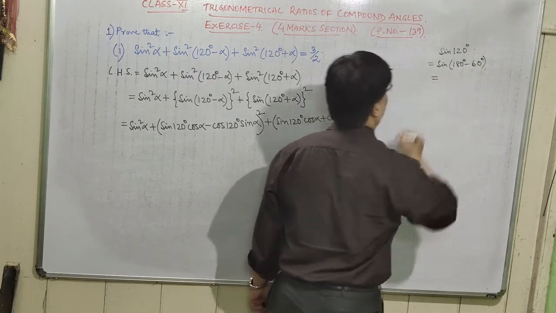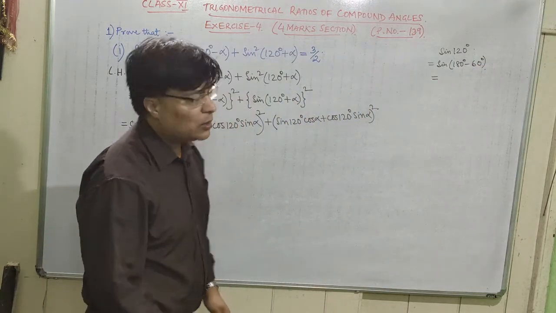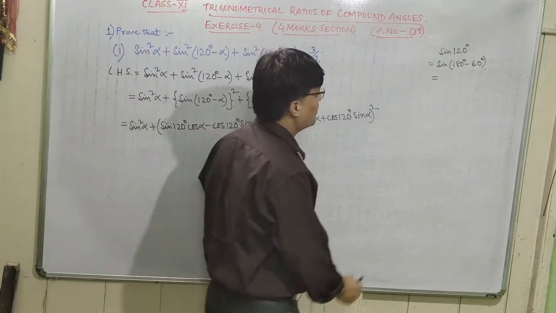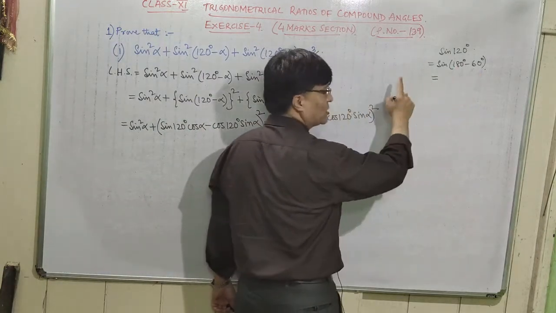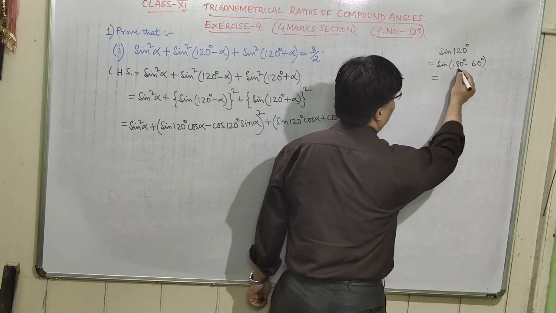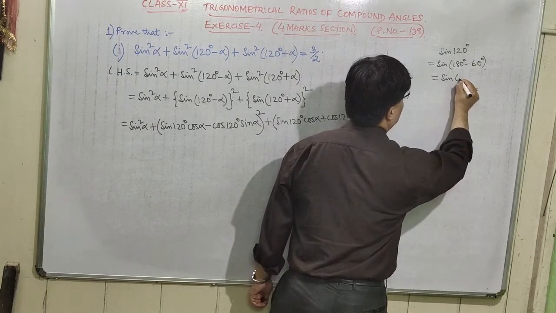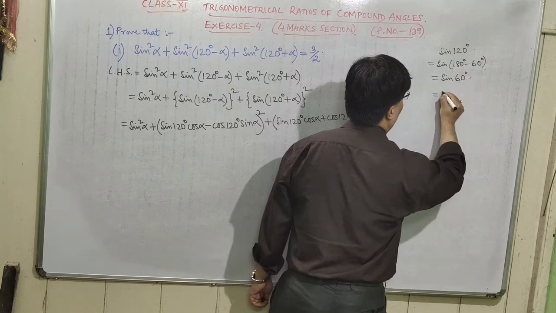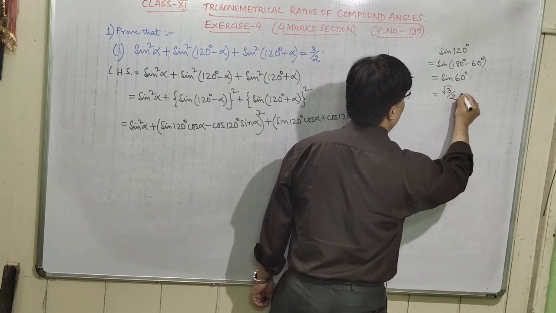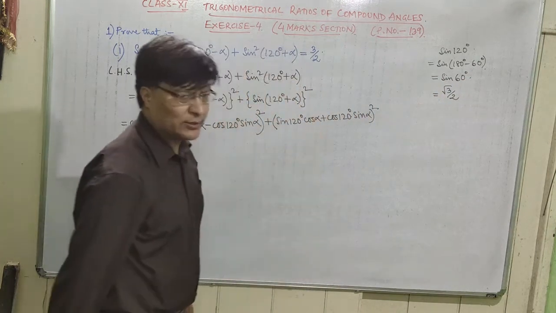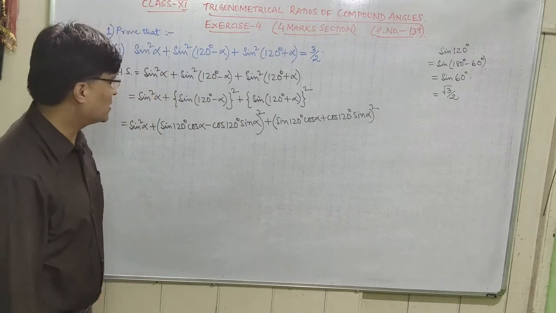So what is this formula? What is sine (180 minus theta)? So this lies in the second quadrant. In the second quadrant, sine is always positive and 180 is an even multiple of 90. So sine remains as it is. That is sine 60 degree, which is equal to, what is the value? It is root 3 by 2. That is a standard value, right?